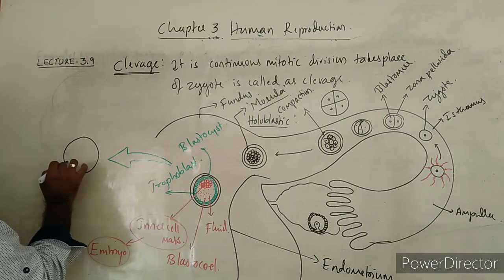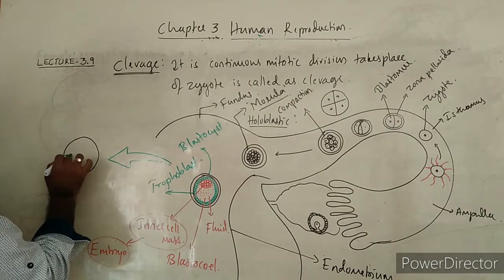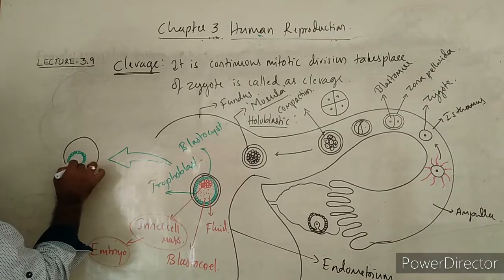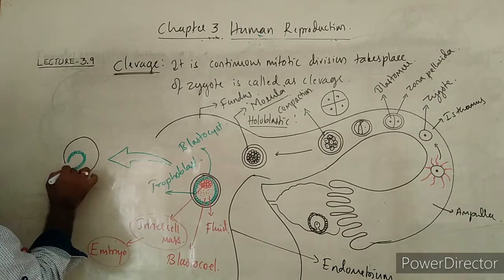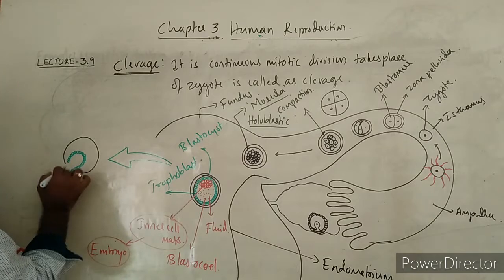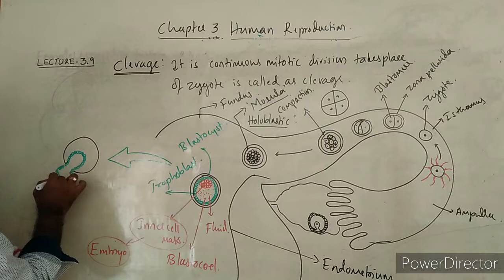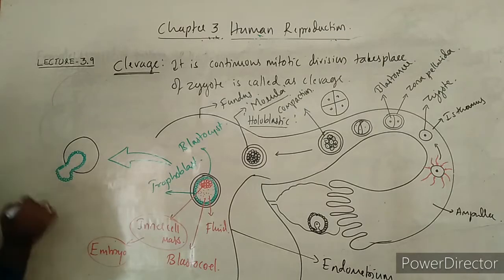See here, this is the trophoblast. Now you can observe how it comes out.